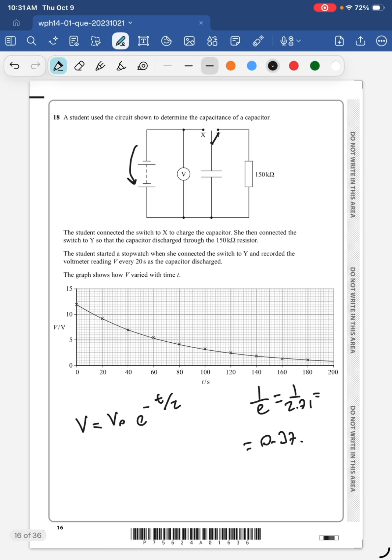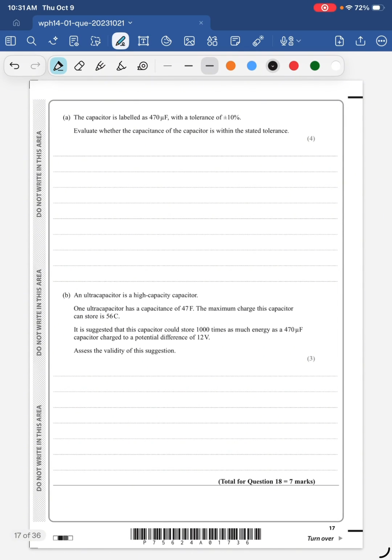Now question A. The capacitor is labeled as 470 microfarads with a tolerance of plus or minus 10%. Evaluate whether the capacitance of the capacitor is within the stated tolerance. So we pretty much have to calculate tau in this problem.